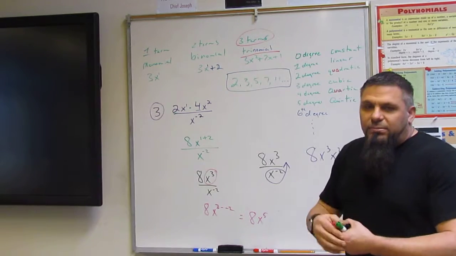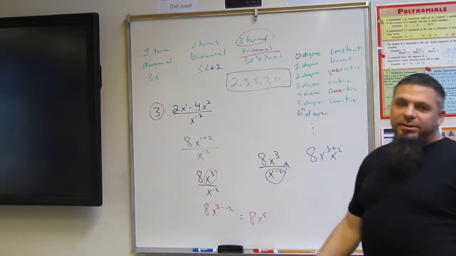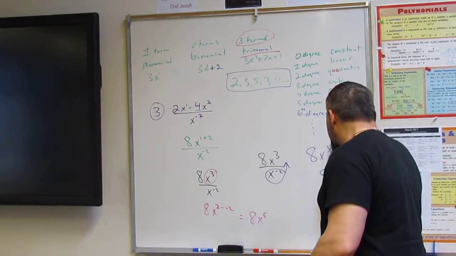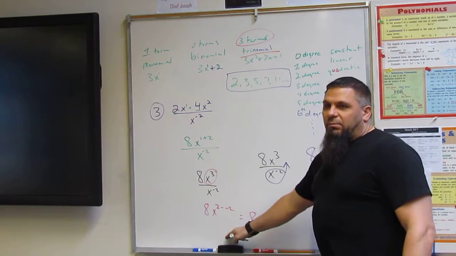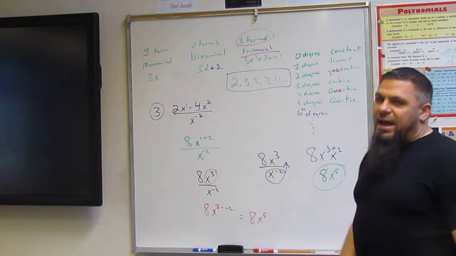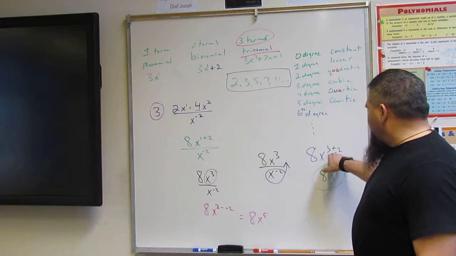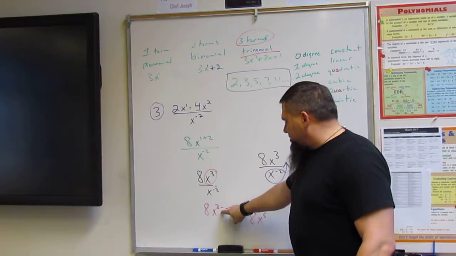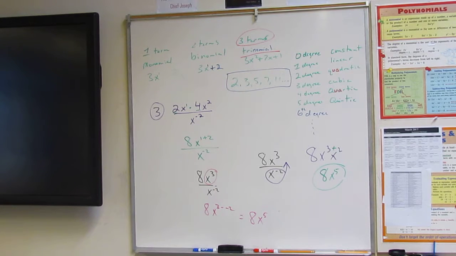And now you would go back to, because we're multiplying, we add exponents. And so this would be 8x to the 5. So there's two different ways of doing it. Minus a minus, or move it up and just add it. Okay? So when you multiply, you add. When you divide, you subtract. And that's exponents. Okay?